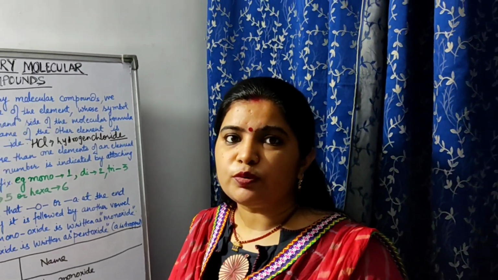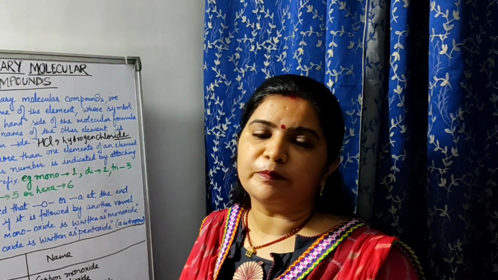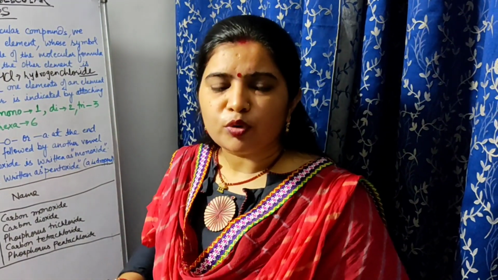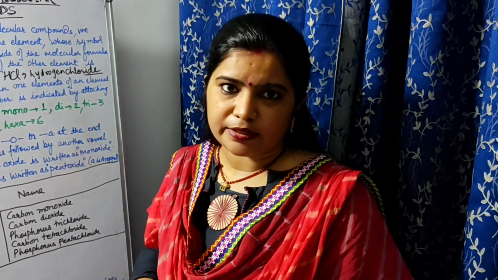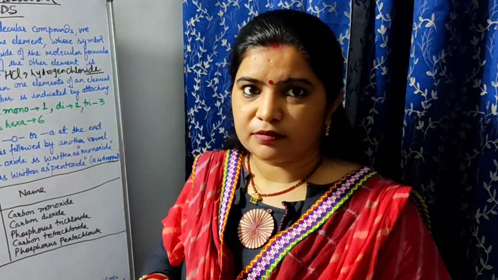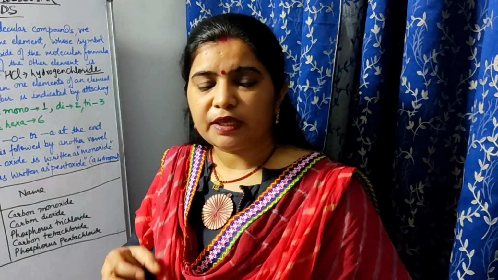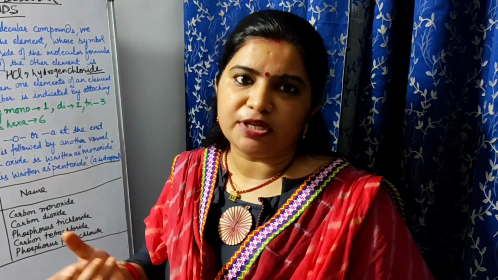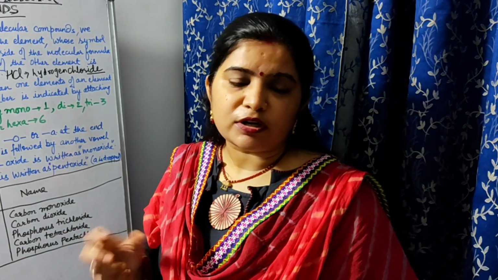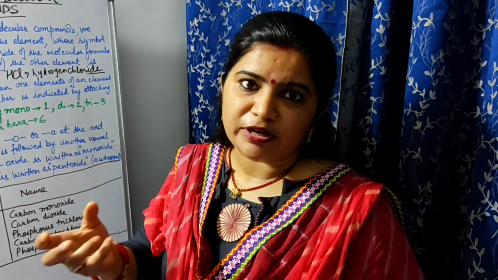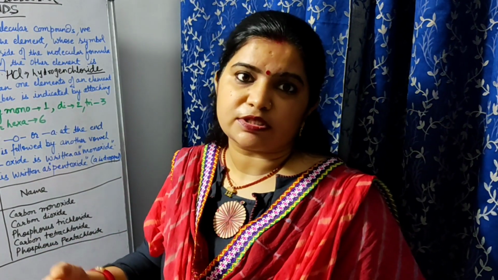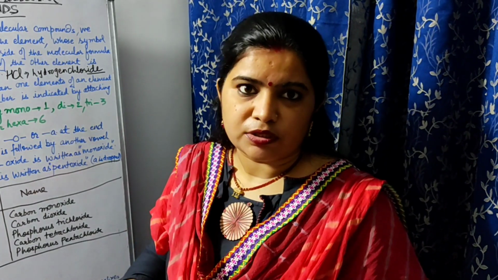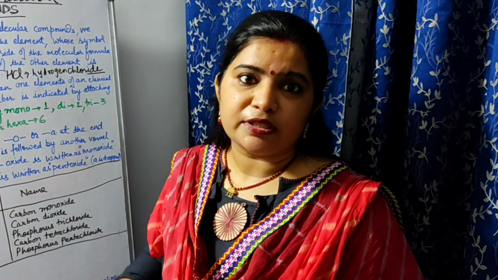When two elements combine to form compounds, sometimes more than one atom of the same element combines. Suppose in the case of carbon and oxygen, it is not always possible that only one oxygen or two oxygens are attached to carbon to form a compound. So how do we do the naming then?